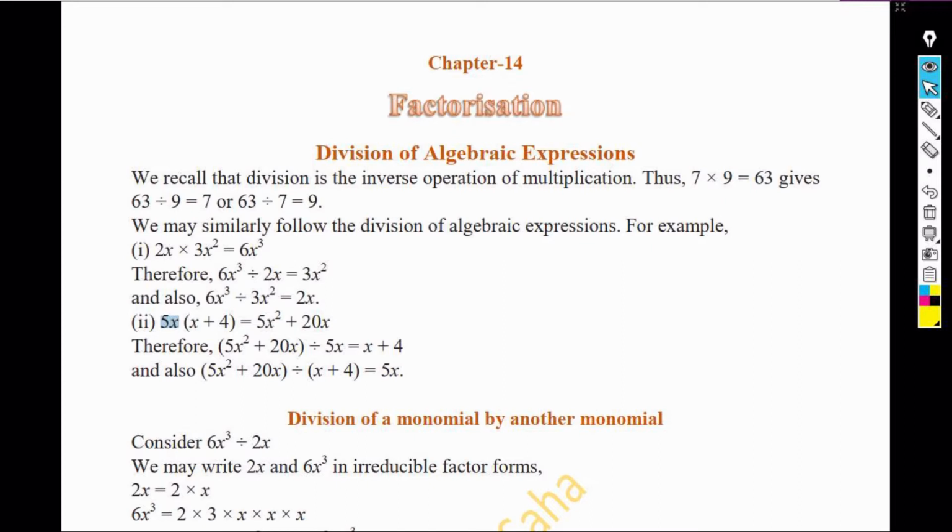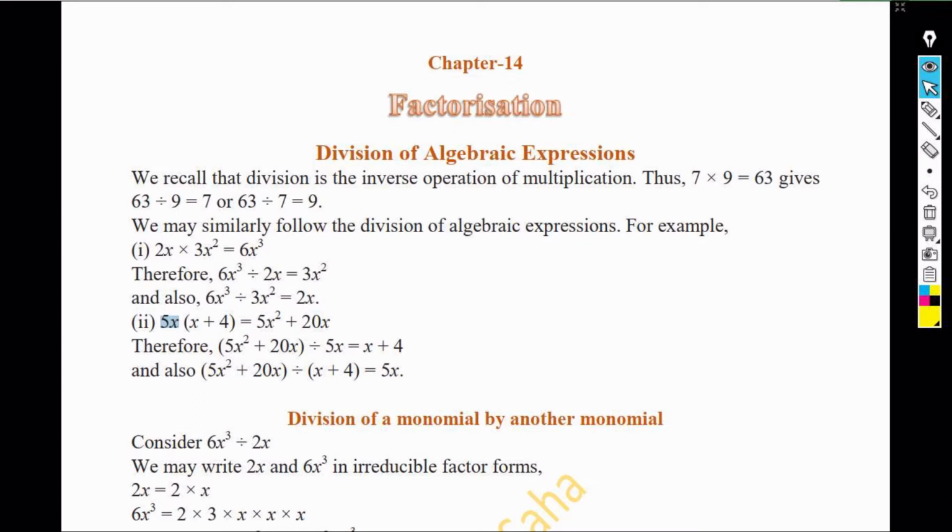That means when 5x square plus 20x is divided by the monomial 5x, the result will be x plus 4. Or when the binomial 5x square plus 20x is divided by x plus 4, then the result is also 5x. Is this clear to you?